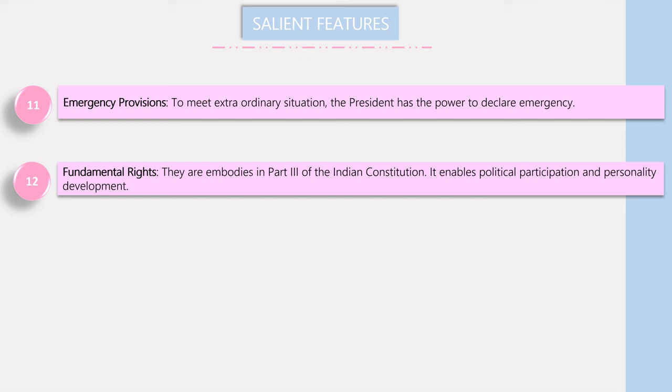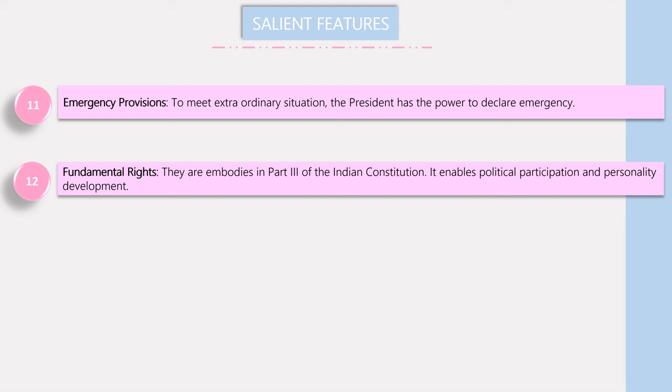Individuals can approach the court if their rights are violated, and the courts can issue writs for the restoration of rights. Fundamental rights are not absolute.